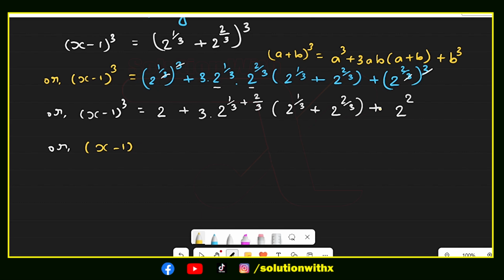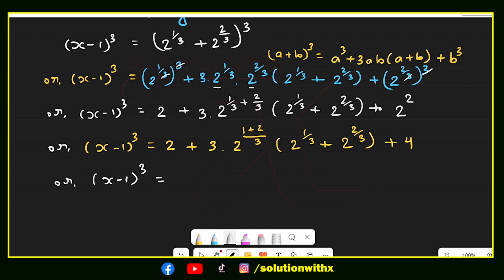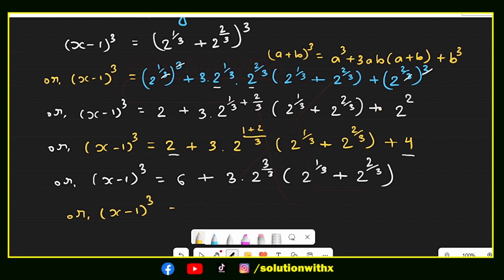Moving to the next part, we have (yx minus 1) whole cube equals 2 plus 3 times, since the denominator 3 is the same, we can add the numerators, (2 power 1 by 3 plus 2 power 2 by 3) plus, and 2 squared is 4. In the next part, (yx minus 1) whole cube, 2 plus 4 can be added and it can be written as 6. 3 times 2 power 3 by 3, (2 power 1 by 3 plus 2 power 2 by 3), or (x minus 1) whole cube equals 6 plus, 3 gets cancelled, 3 times 2 power 1 by 3 plus 2 power 2 by 3.